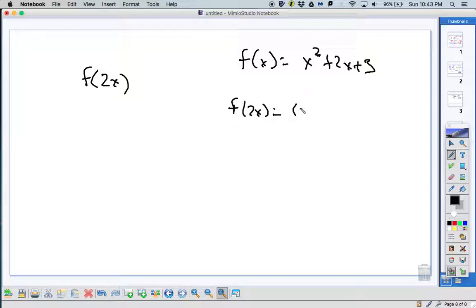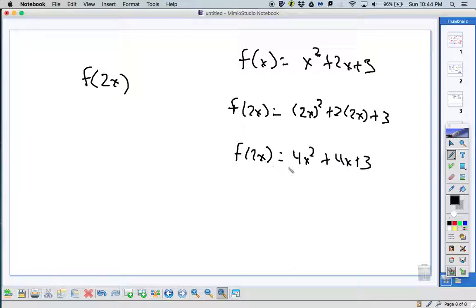That x is now 2x plus 2. That x is now 2x plus 3. So I took these two x's, replaced them with 2x, and now I have to do the arithmetic. 2 squared is 4x squared plus 4x plus 3. So f of 2x now looks like this. And here's your new parabola. And it's much wider than the original parabola was.